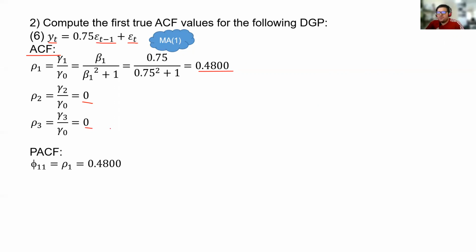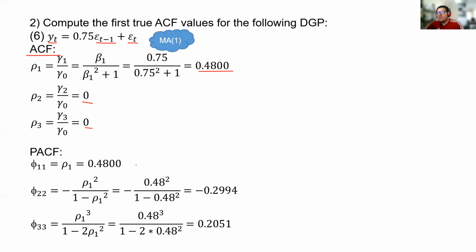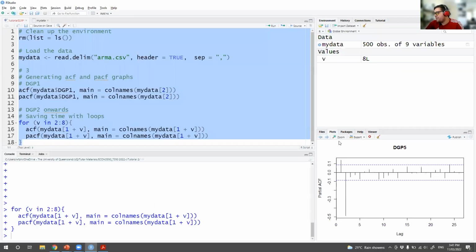So it has a cutoff point and then zeros. And the PACF, even if the coefficient is positive, it will start positive, then it will decrease in absolute value, and it will also oscillate, right? Positive, negative, positive again, and likely it's going to be negative afterwards. So let's see the graphs and let's compare.